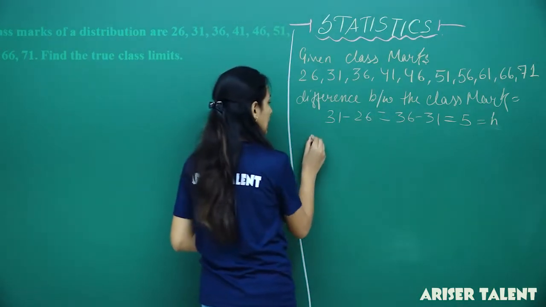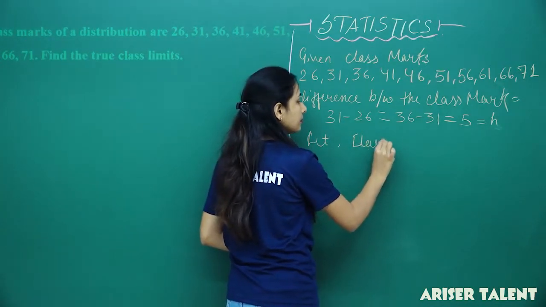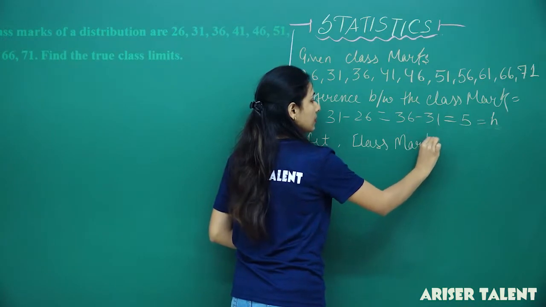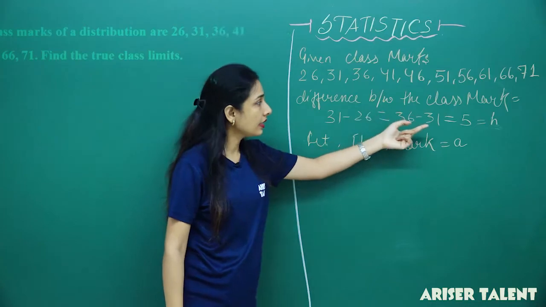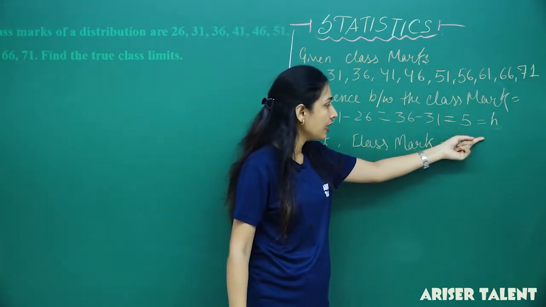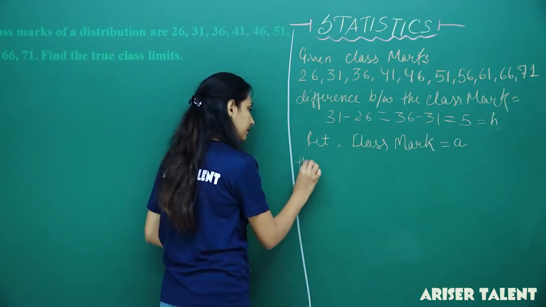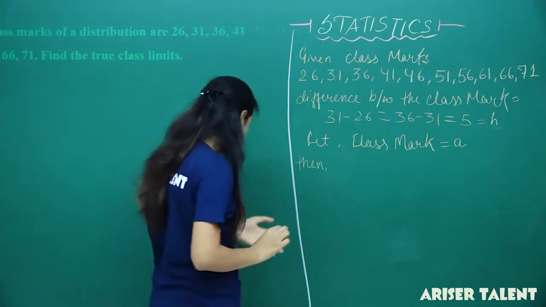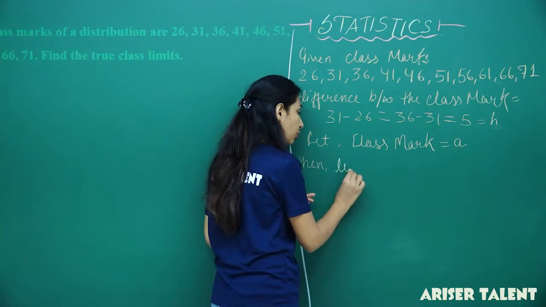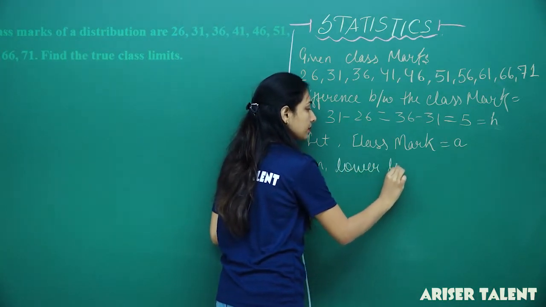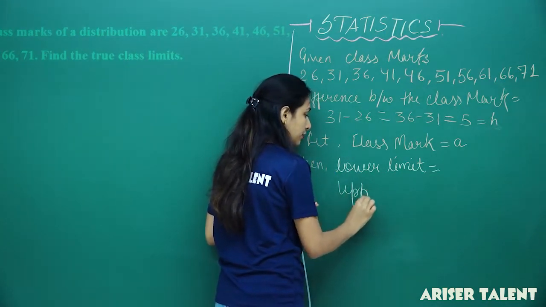So let the class mark be equal to a. If the difference between the classes is h and the class mark is a, then we have this formula for the lower limit and the upper limit.